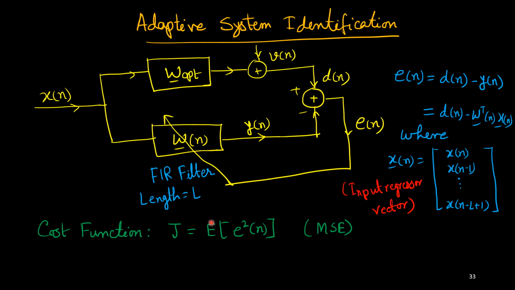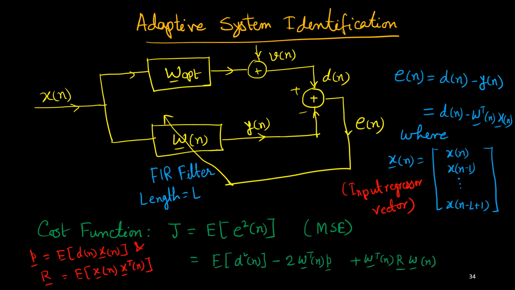You see this expectation is over the ensemble, it's an ensemble average. We'll try to find the minimum cost, and for that we need to find the solution for W. So in that case W should be independent of n.